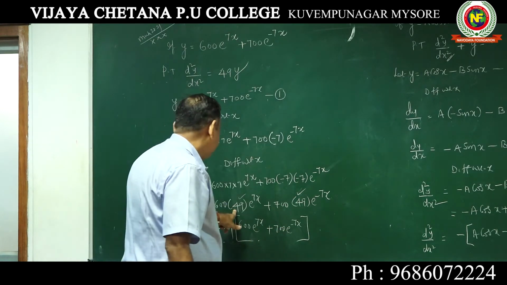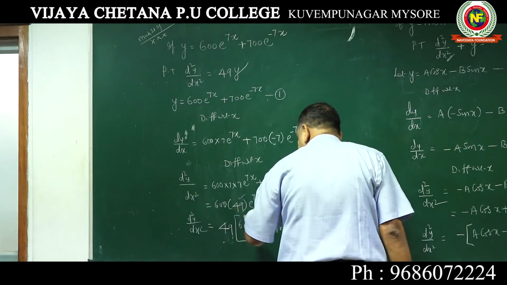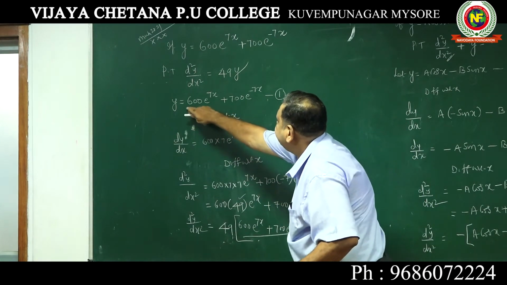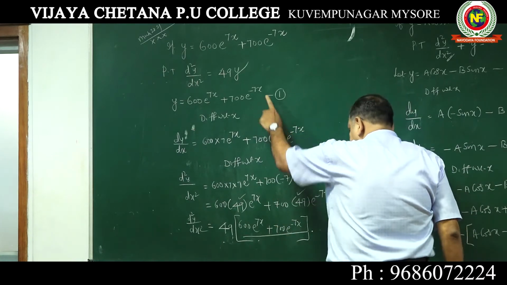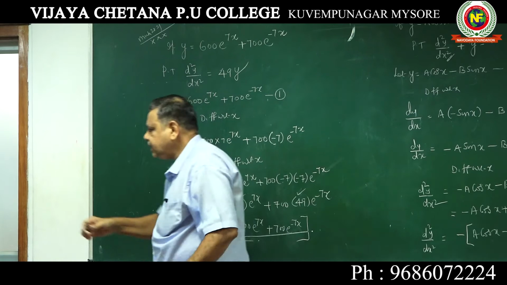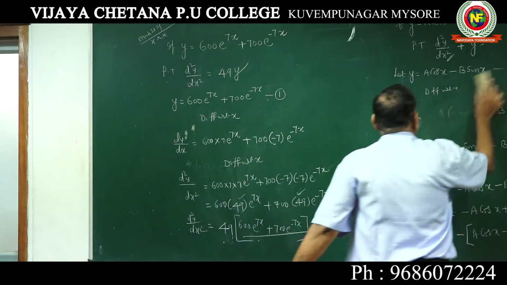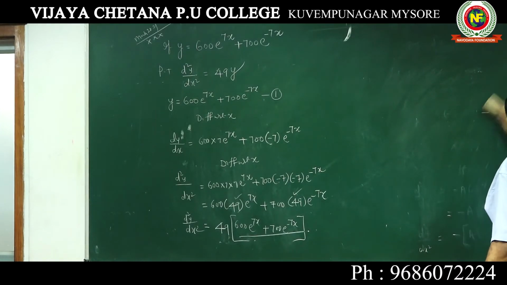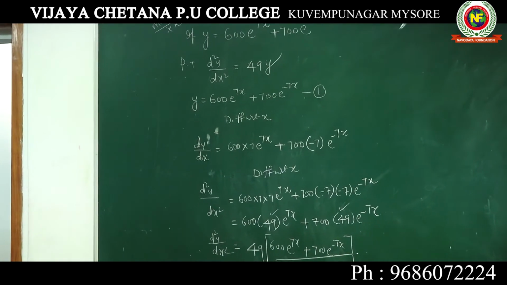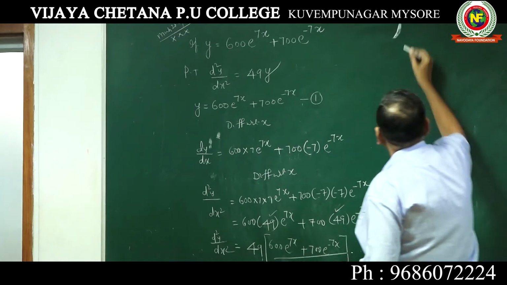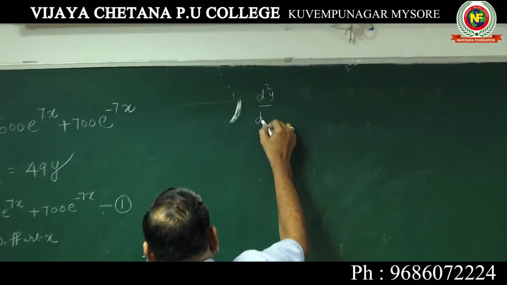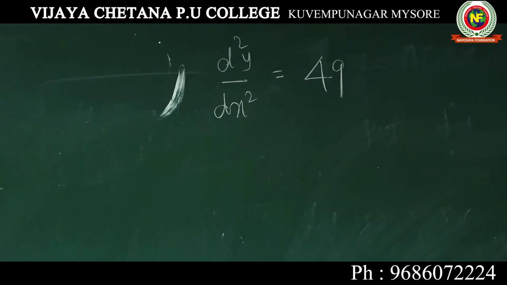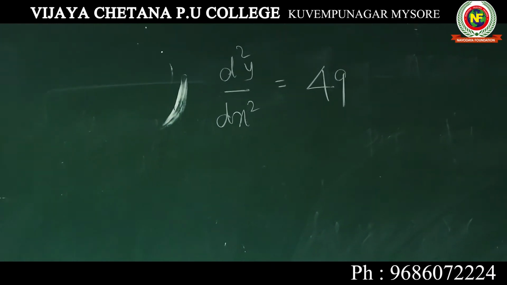See here, 49 I am removing outside. 49 is there, times 600 e to the power of 7x plus 700 e to the power of minus 7x.